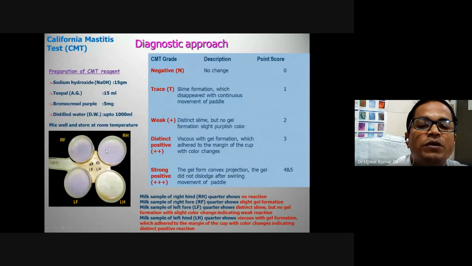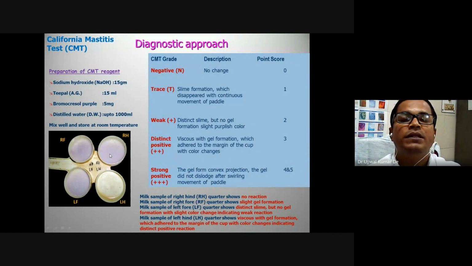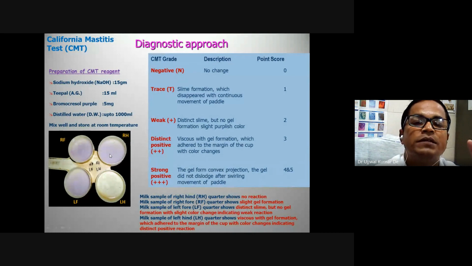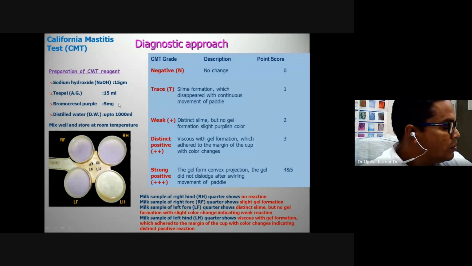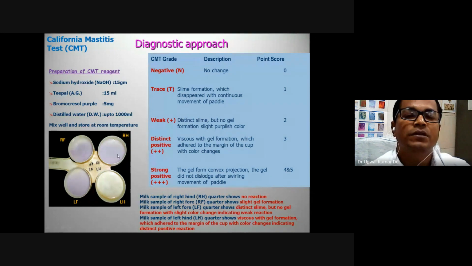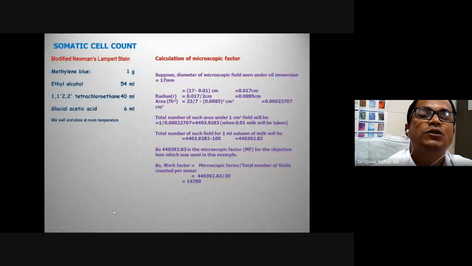So if more nucleic acid is found in the milk, more gel will form. That means there is mastitis. So this is the basic principle of the California mastitis test. We can do it as a cow-side test, and it is a good test for subclinical mastitis.